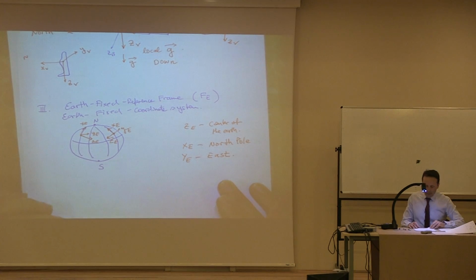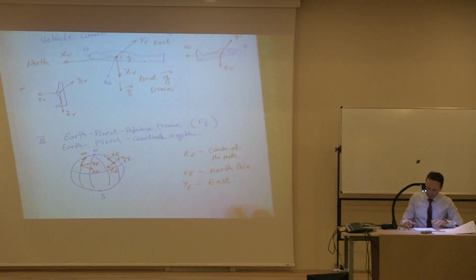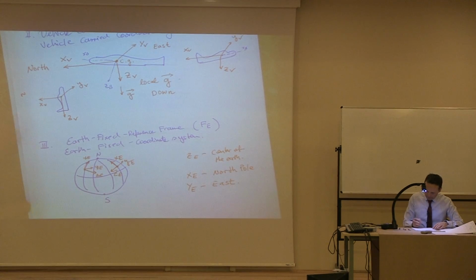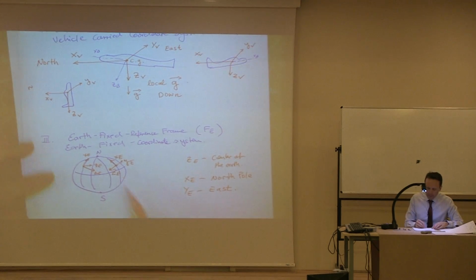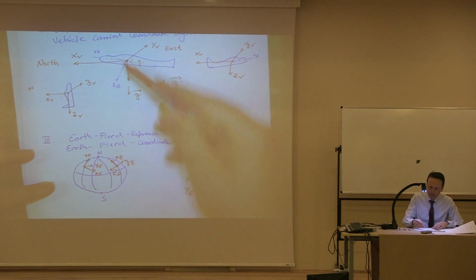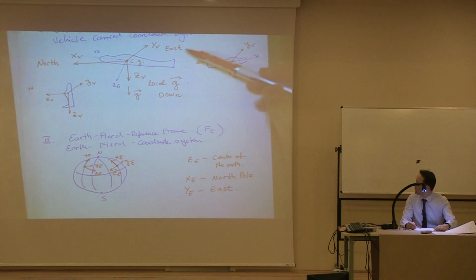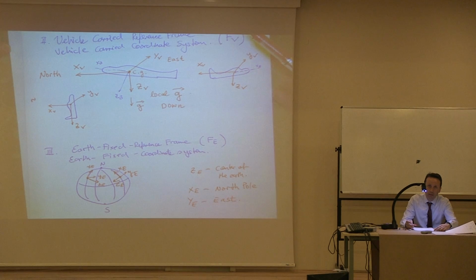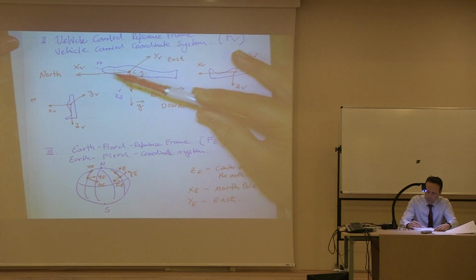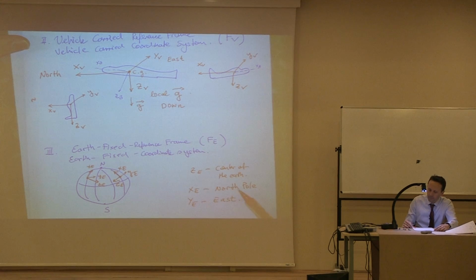You can also see that if the Earth was flat, or if the airplane is exactly over that coordinate system, the vehicle carried coordinate system and the Earth fixed coordinate system are parallel. I mean, the axes are parallel. So XV is pointing towards north, so is XE. YV is pointing east, so is YE.